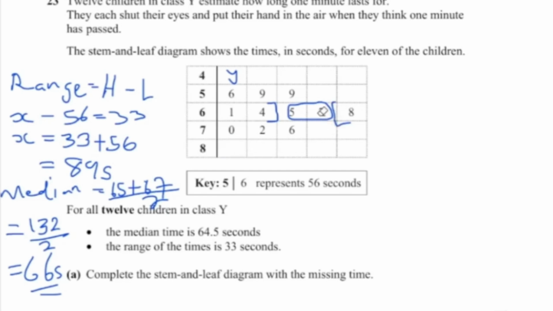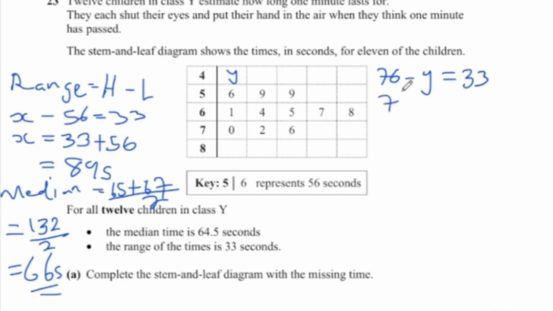Okay, so let's recalculate using y and see if we get what we are supposed to get, which is the median to be 64.5 seconds. So in this case, the highest number here will be 76. I will say 76 minus y is equals to 33 seconds.